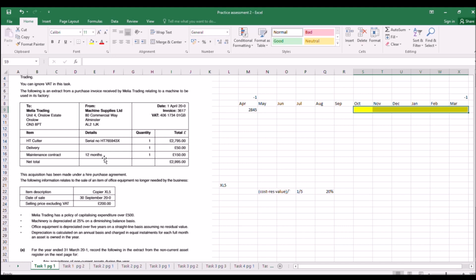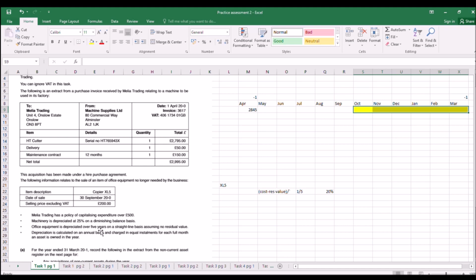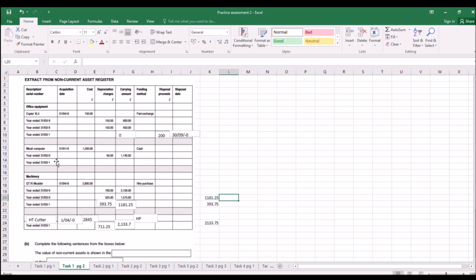So we've got 6 months of this copier is going to be charged, and it's going to have a 20% charge on straight line, and straight line is based on the historical cost. Which one was it? It's this one here, isn't it? So historical cost was 750, and it should have 20%, and also then it's going to be half that.